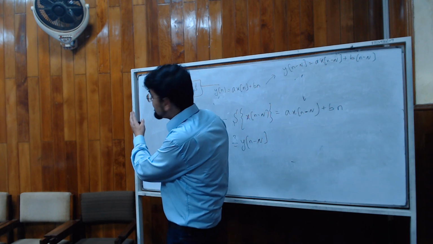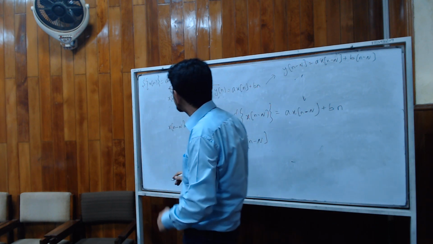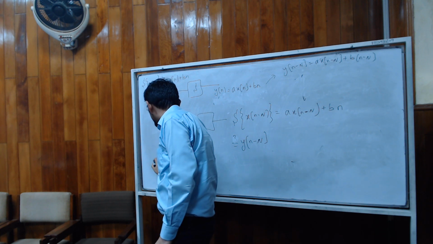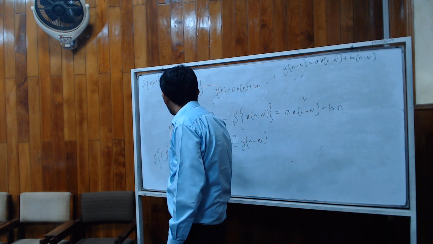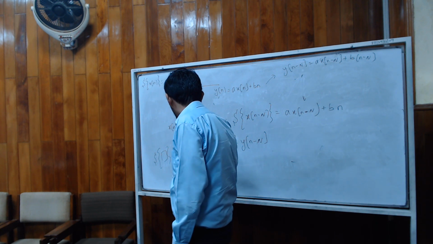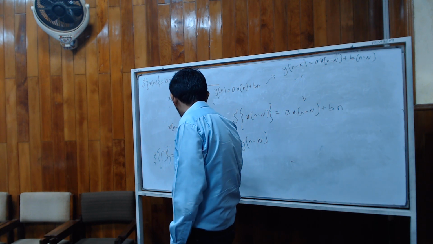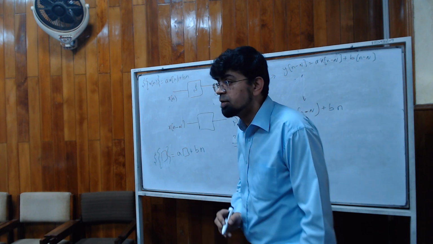Read the system now. The system says if you give me a box, I will multiply this box with an a and add b n to it.